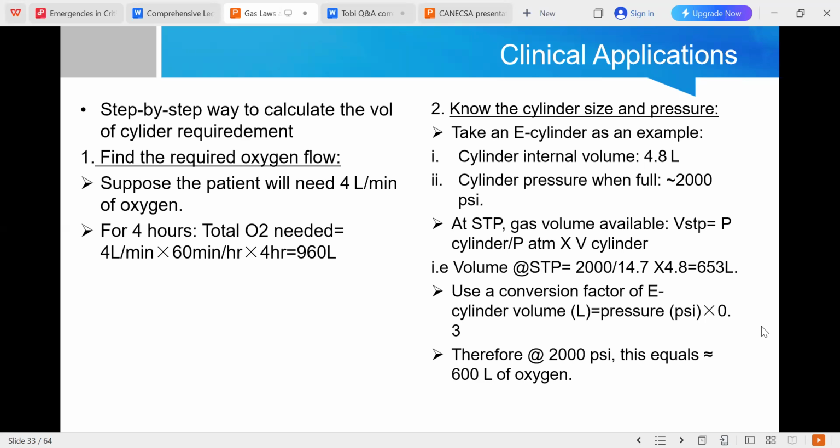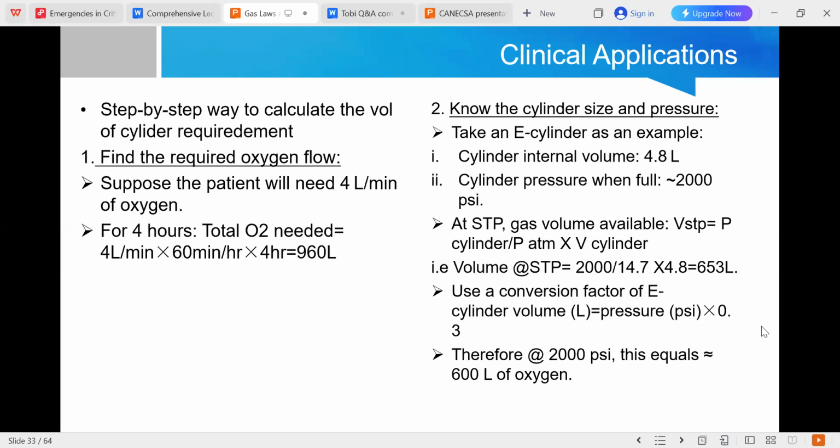So the second thing you need to consider is what cylinder size you have. Most of the time we have the E cylinder with us. So the cylinder internal volume of the E cylinder is about 4.8 liters at the cylinder pressure when it is full at 2,000 pounds per square inch.